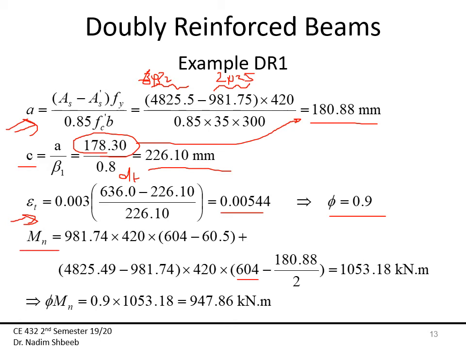From that, I'm going to calculate my nominal moment, and that's going to be equal to the area of steel for 2φ25 times the yield f_y times (d minus d') plus the (6φ32 minus 2φ25) f_y (d minus a over 2), and I'm getting 1053 kilonewton meter nominal moment. My ultimate moment, M ultimate, is going to be phi times this value, which is about 947.86 kilonewton meter. So this section can handle a moment of 947, and that's actually quite an impressive moment.